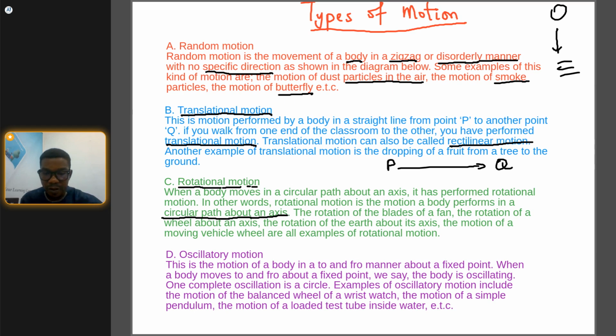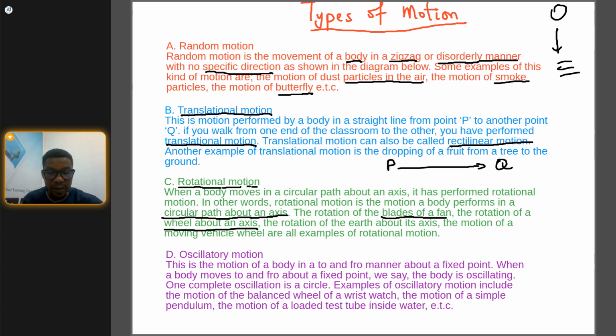About the axis. So also, the planets revolve around the sun, the 9 planets revolve around the sun. That also is another example of rotational motion. Okay, so we have the rotation of a blade of a fan, all right? The rotation of a wheel about its axis is also rotational motion.